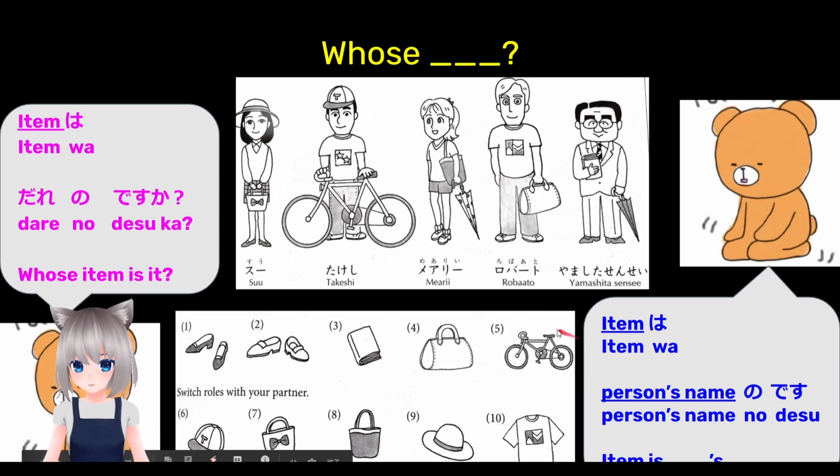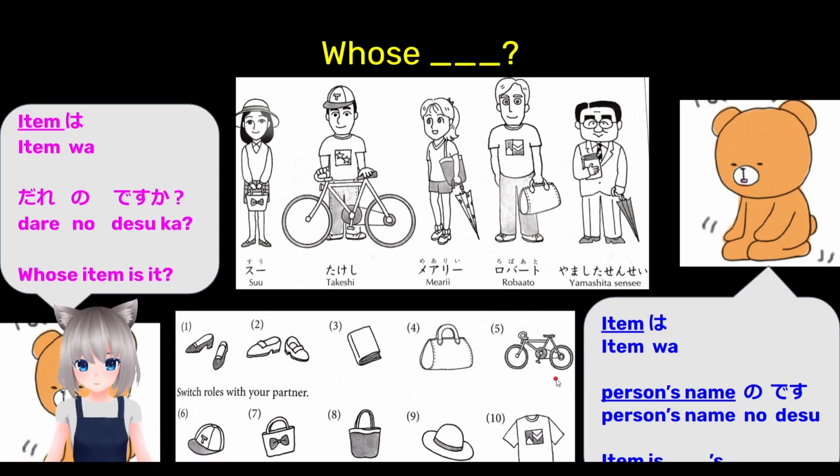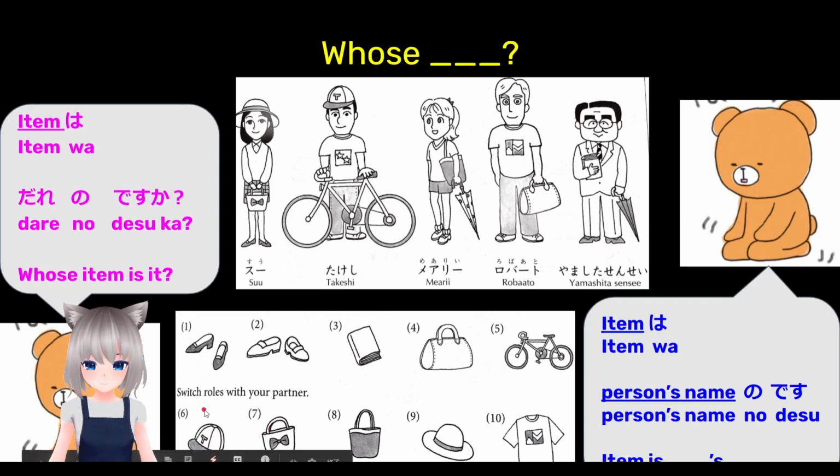No.5 自転車は誰のですか？自転車はたけしさんのです。No.6 Oh, it's a little bit of a giveaway.